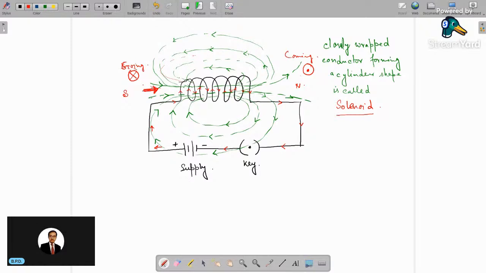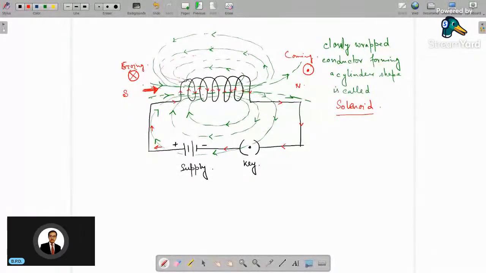Okay, now what I am referring to is that some magnetic material is placed in between this particular solenoid formation of the circuit.